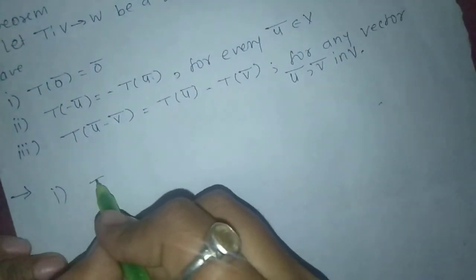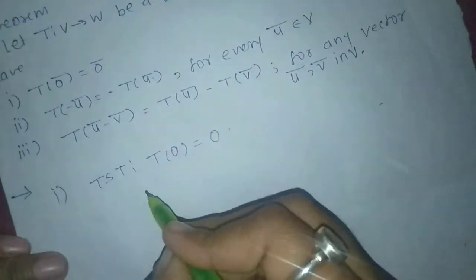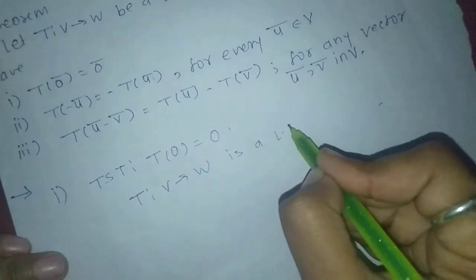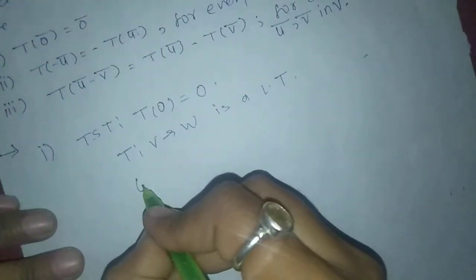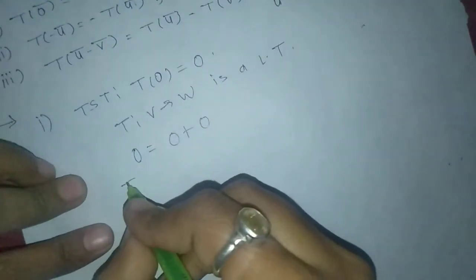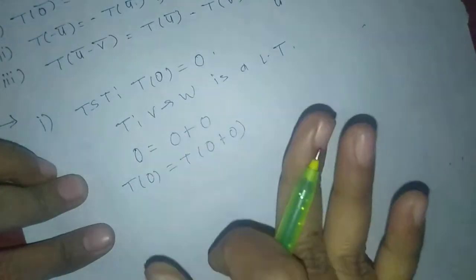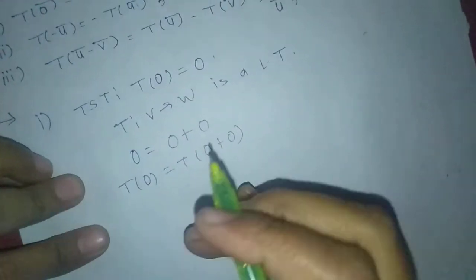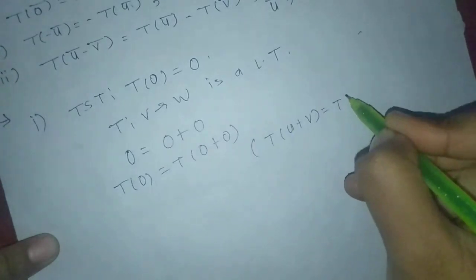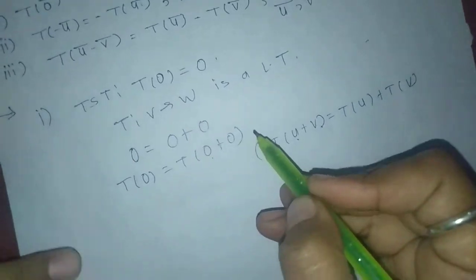First, to show that T of 0 equal to 0, given T mapping V to W is a linear transformation. So 0 can be written as 0 plus 0, apply T on both sides, we get T of 0 equal to T of 0 plus 0. But T is a linear transformation, so the linear property is satisfied, which is T of U plus V equal to T of U plus T of V. Instead of U, V, here 0, 0.